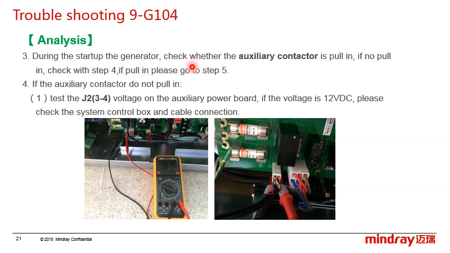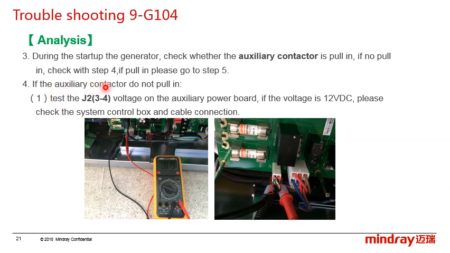During the generator startup, check whether the auxiliary contactor is pulled in. If the contactor does not pull in, check with step 4. And if the contactor has pulled in, check with step 5.